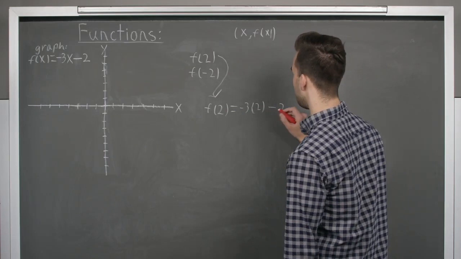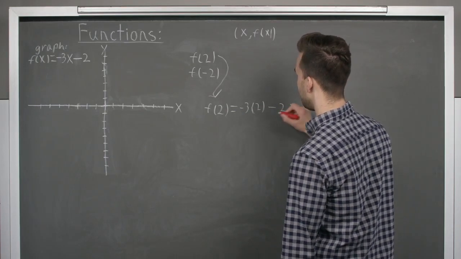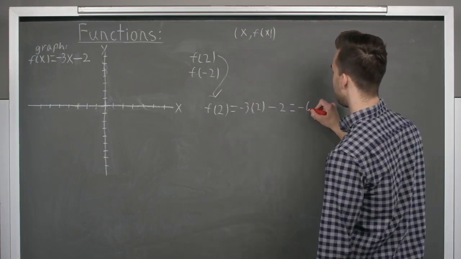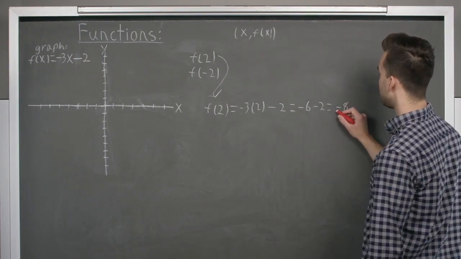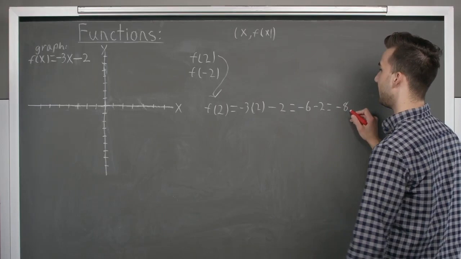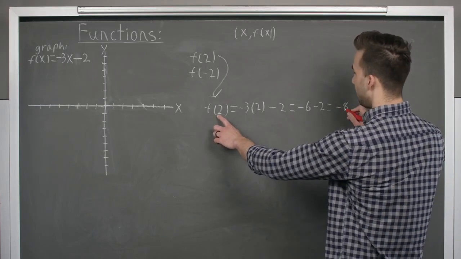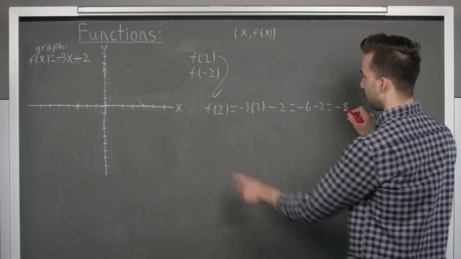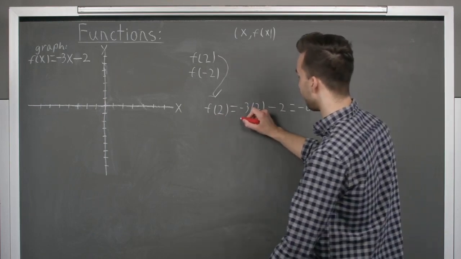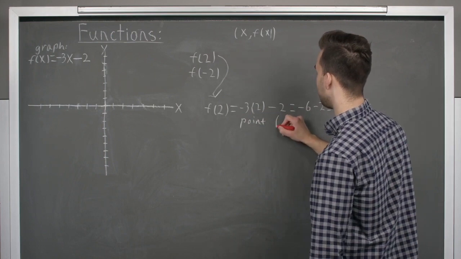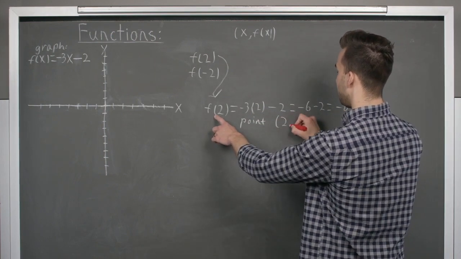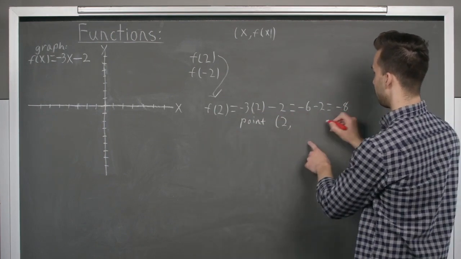So -3 times 2 gives us -6, -2, which gives us -8. So this is our f of x value, and then our x value is this here. So we can write a point. I'll write it below here. So a point is our x value, comma, and then our f of x value.